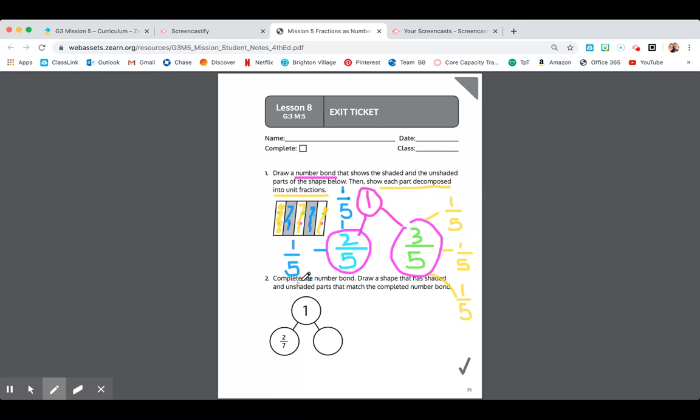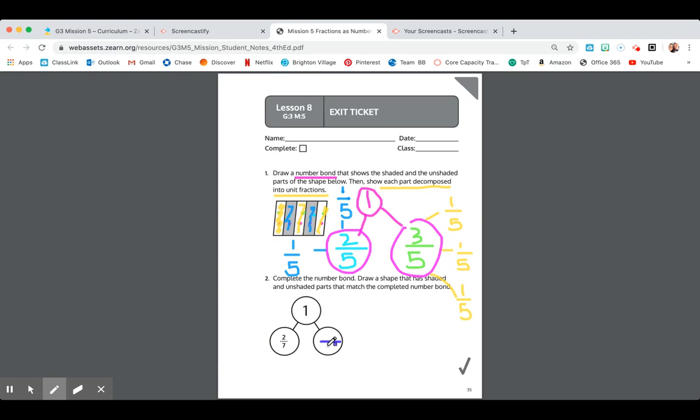Okay, number 2. Complete the number bond. Draw a shape that has shaded and unshaded parts that match the completed number bond. Okay, so we must complete it first so we know what we're working with. 1 whole in the top, split into 2/7 and a missing fraction.